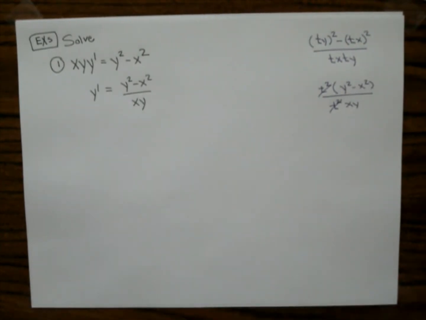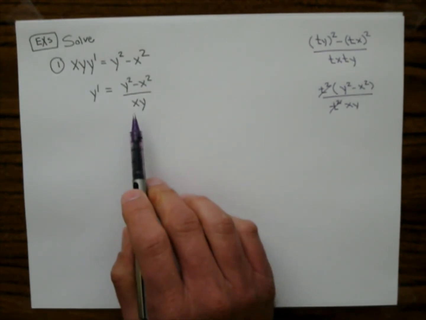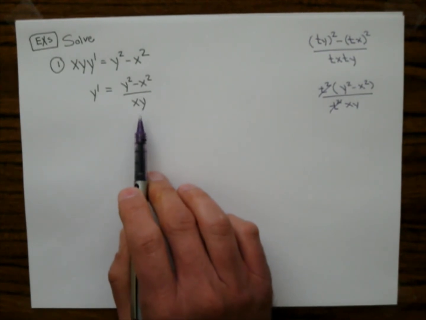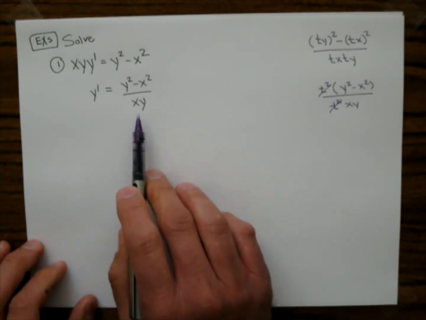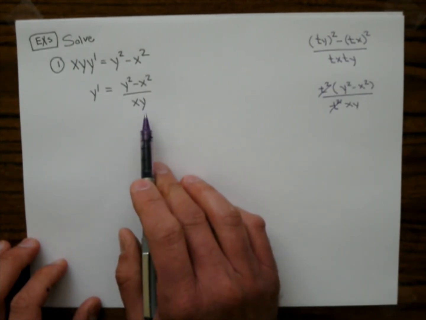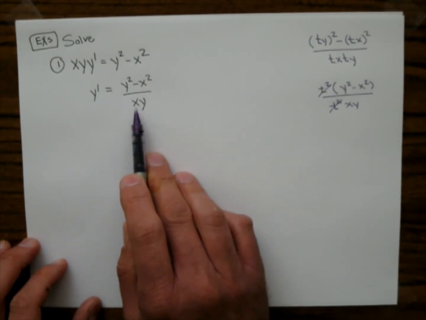equation. Now here's the funny thing about this. This differential equation is not separable. See, you cannot separate this function on the right hand side as two expressions where one just has x's in it times the product of the other one, which just has y. You cannot separate this, so this is not separable.